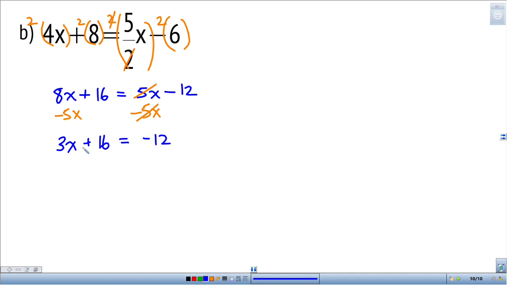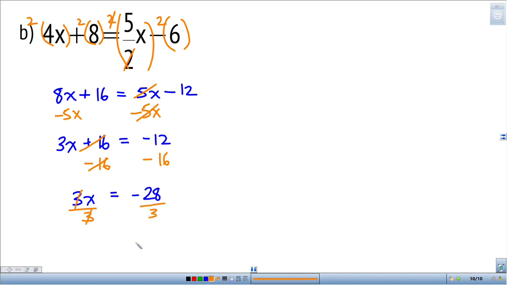X is on this side, so we're going to isolate it. We're going to get rid of that plus 16 by subtracting 16, but we have to do that on both sides. So those will subtract away. So on the left, we have 3x is equal to -28. Now, 3 is multiplying by x. We're going to divide that away, but we have to do it on both sides.